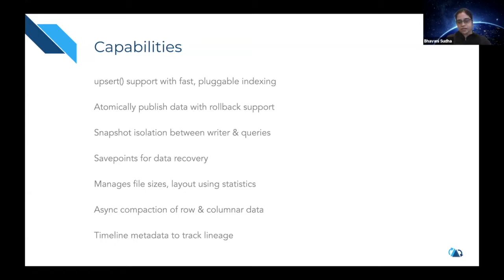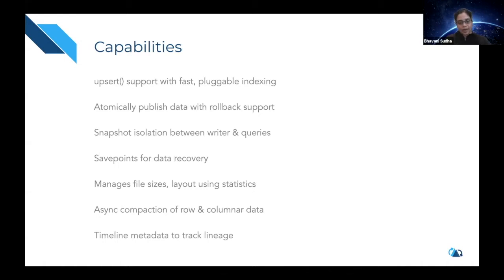Hudi provides a savepoint capability, where savepoints are basically snapshots of the table as of a given point in time. This comes in really handy in disaster situations when you want to revert the table to a safe, known state. Hudi also carefully sizes the files and lays them out using statistics.